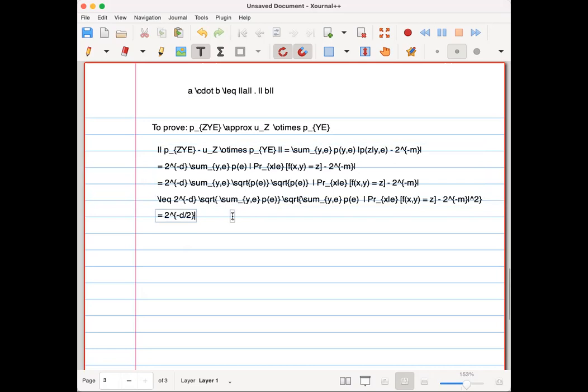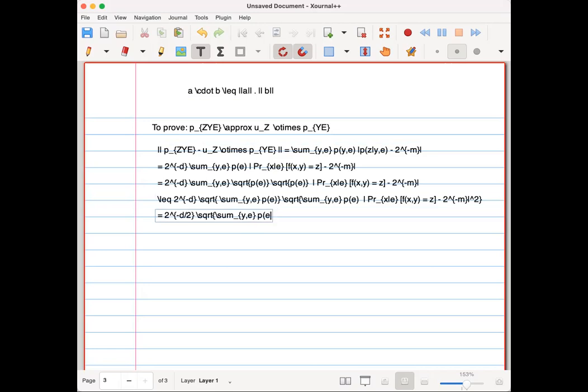Okay, and to continue, this is the part where we'll have to do a little bit of calculation, not much. So this is sum over y, e. I'm squaring it. Sum over y, e, p, e.